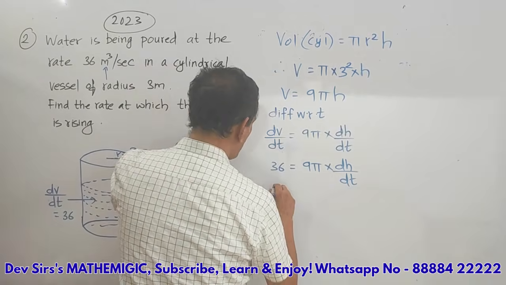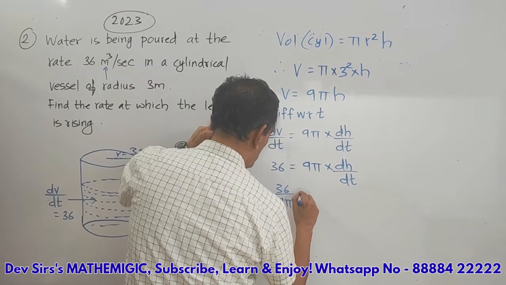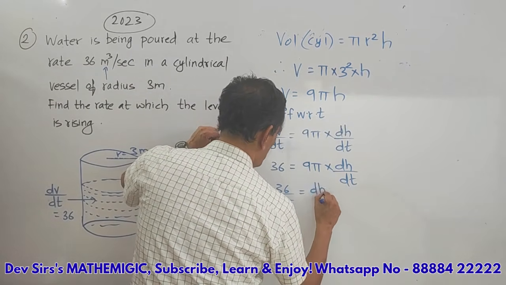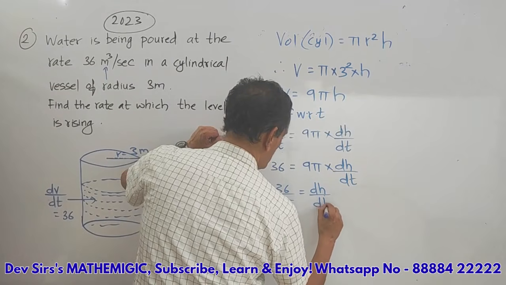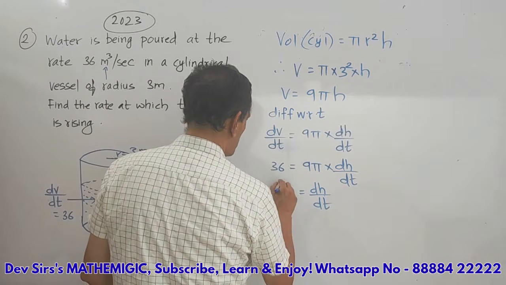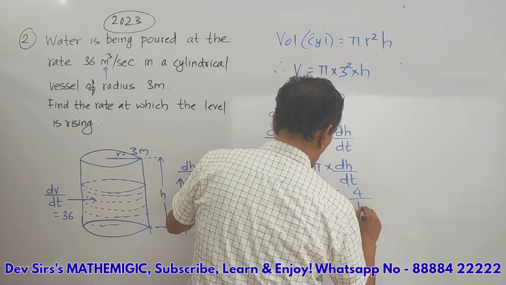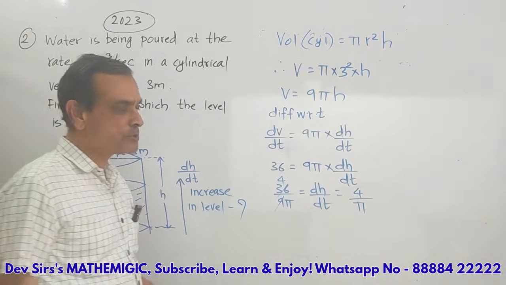So 36 upon 9 pi. Nine 4s are 36. Final answer is given as 4 upon pi. That was the option given.